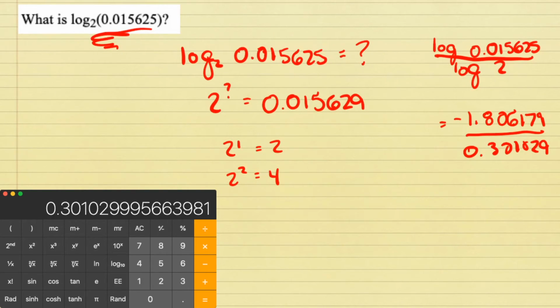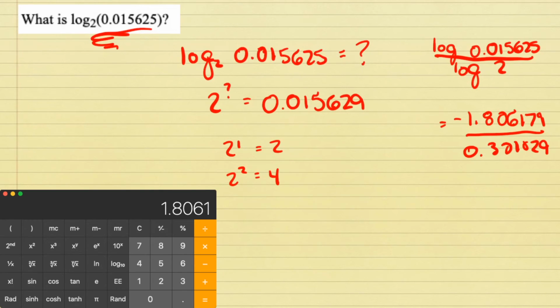Sorry, those zeros are really bad looking. Okay, so let's clear this out. So just to remember, it's negative. So negative 1.806179. And I'm going to divide by... This is the problem with using a calculator from a computer.